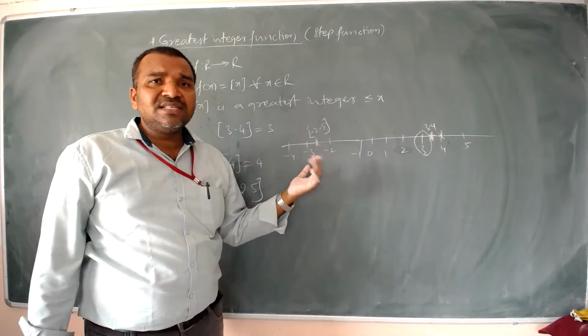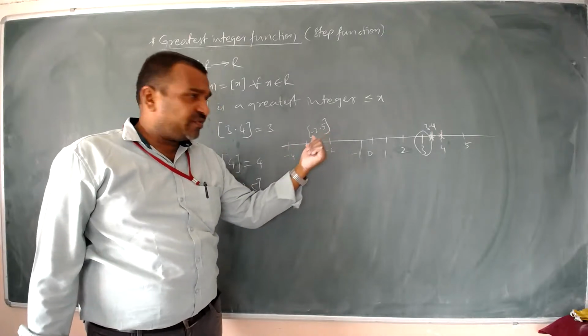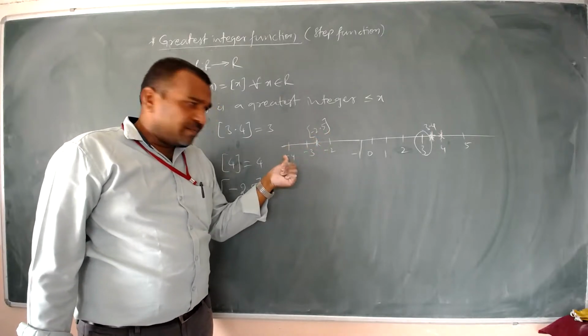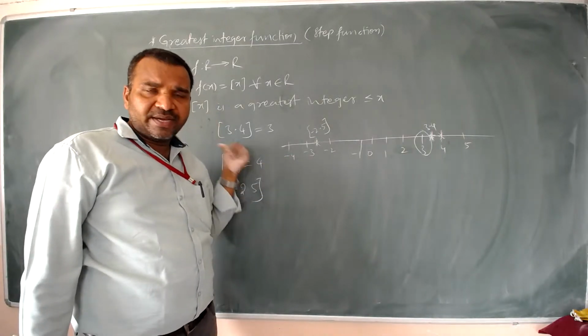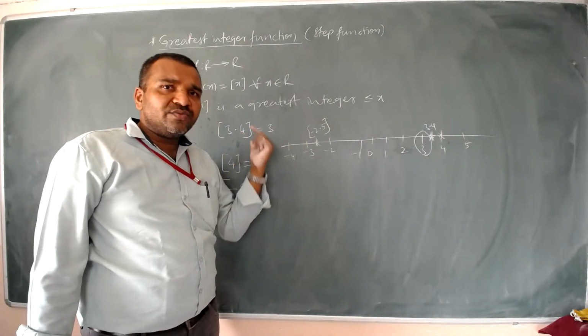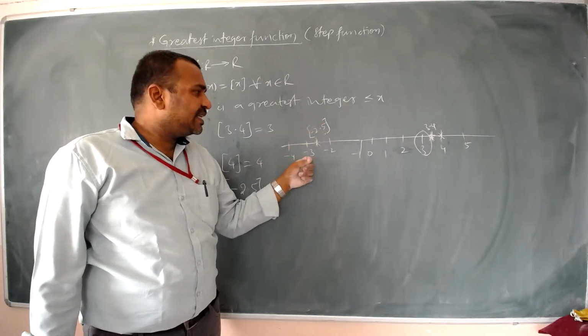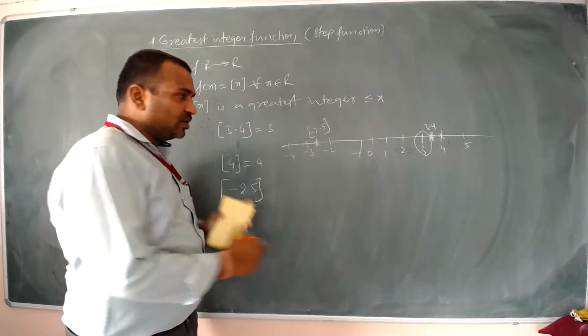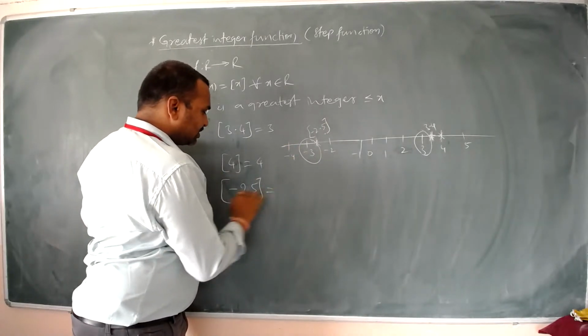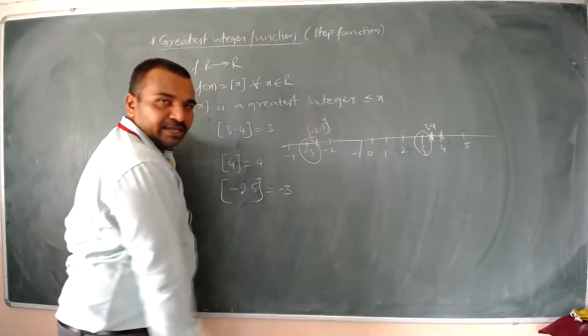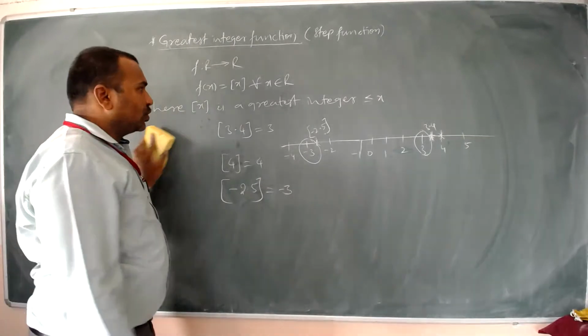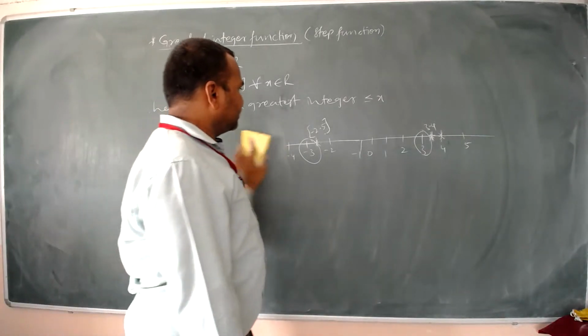So what are the integers which are less than or equal to minus 2.5? Only minus 3, minus 4, minus 6, minus 7. All these are the integers which are less than or equal to minus 2.5. In that, what is the greatest one? Minus 3 only. So box of minus 2.5 is nothing but minus 3. Okay? Okay. Now we will draw the graph of this function.